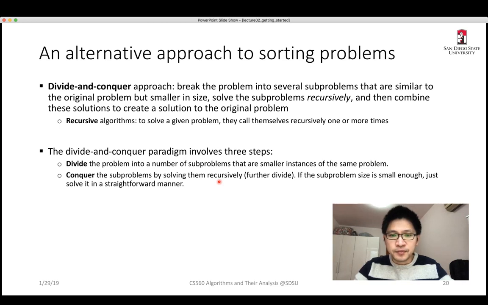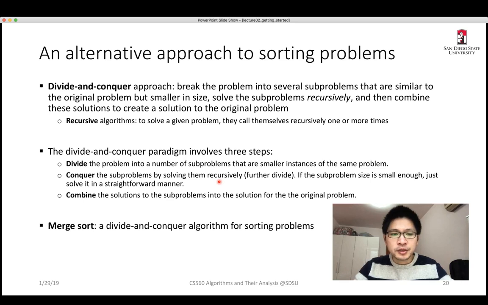By that we mean further divide the problems, or when the size of the subproblem is small enough, we just solve it in a straightforward manner. And the last step is combine. We combine the solutions to all the subproblems into one solution for the very original problem.